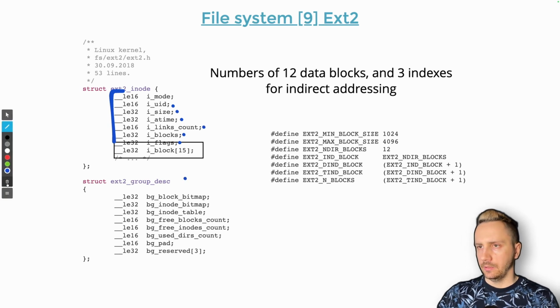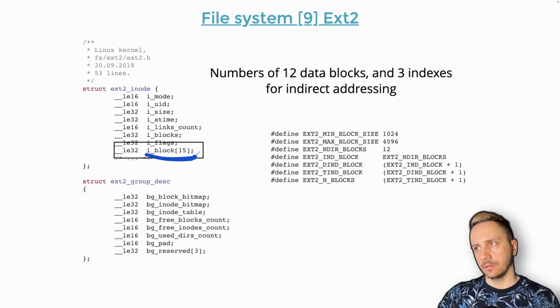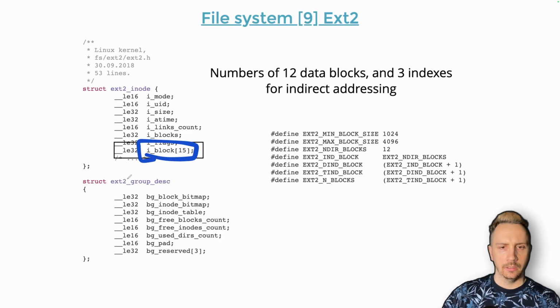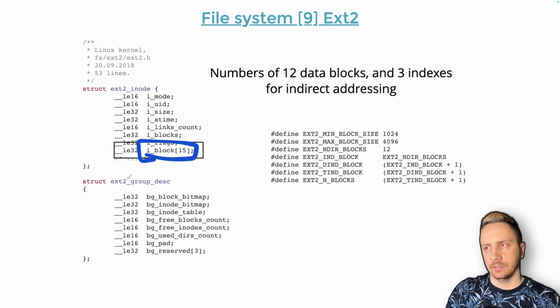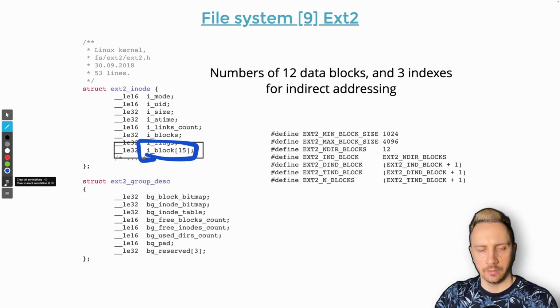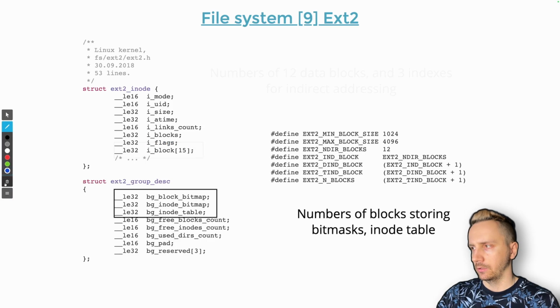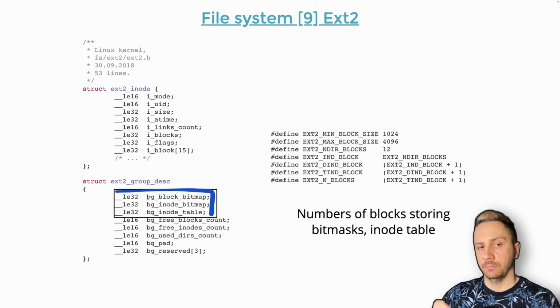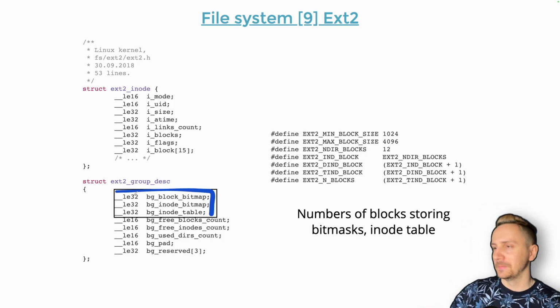And then we can see here the block numbers with data. You can see it is 15, like I was explaining before: 12 for direct access and 3 more for indirect access when it gets too big. We can also see here the addresses of the bitmasks. Those are not bitmasks themselves. It's not just 32 bits, that's not enough.